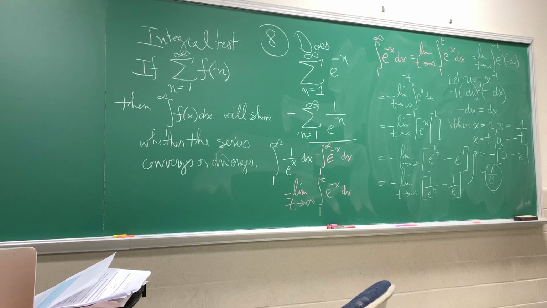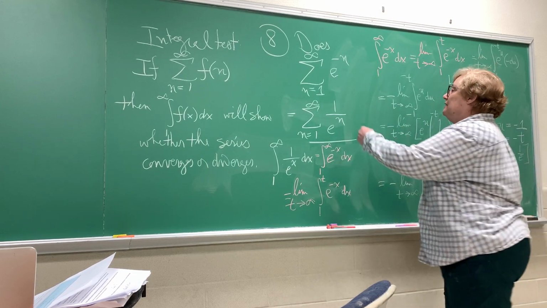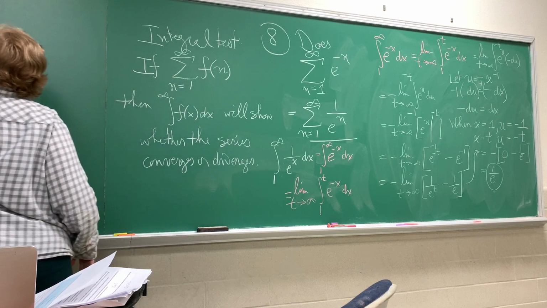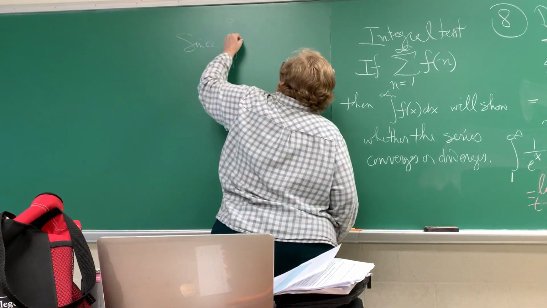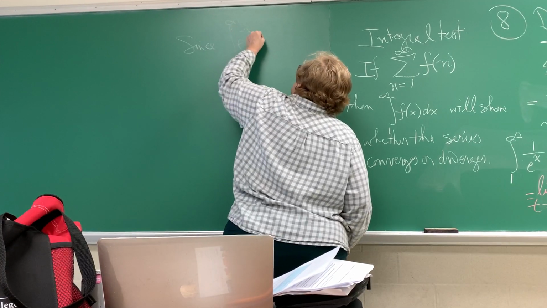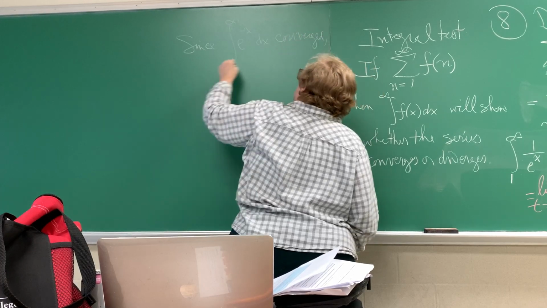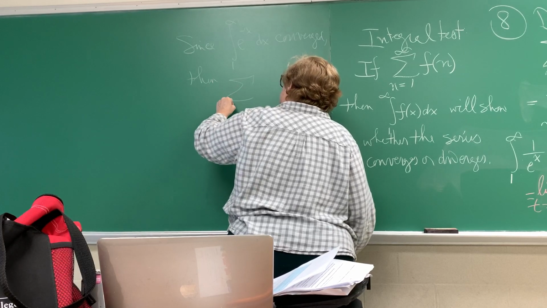Since the integral converged to a value, we don't know if the series has the same value, but all we know is that therefore our original series will also converge. So since the integral from 1 to infinity of e to the negative x dx converged, then the related series also converges.